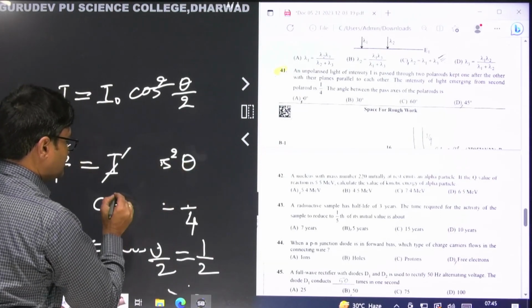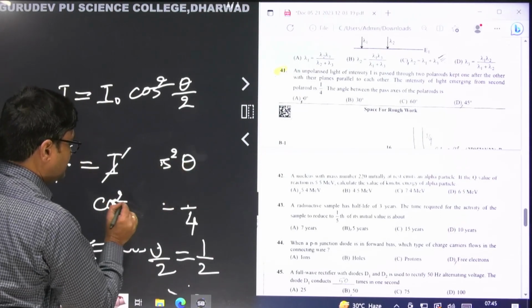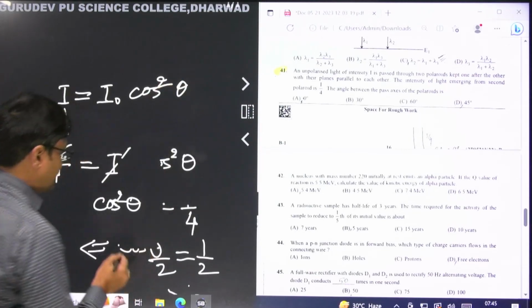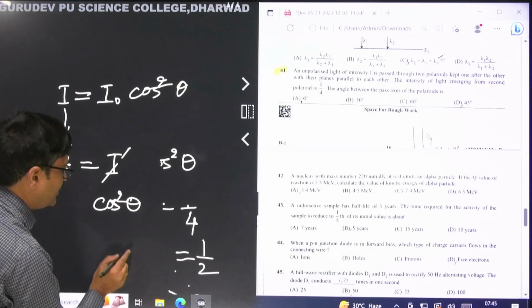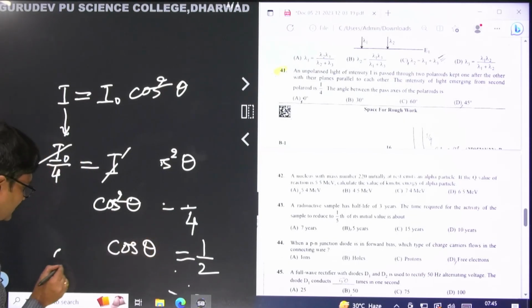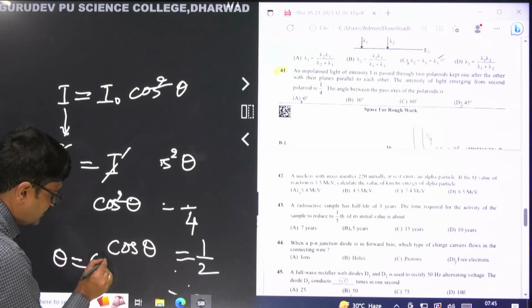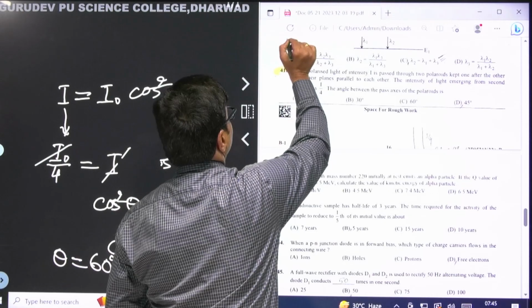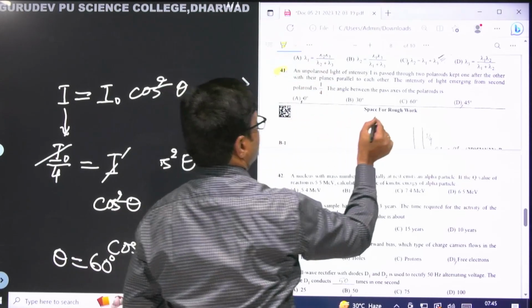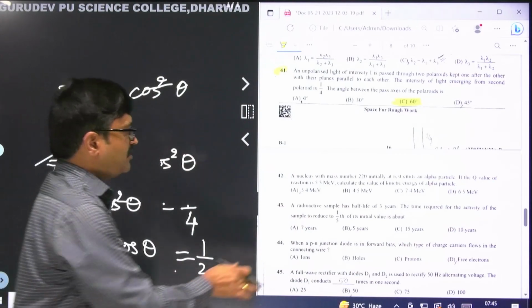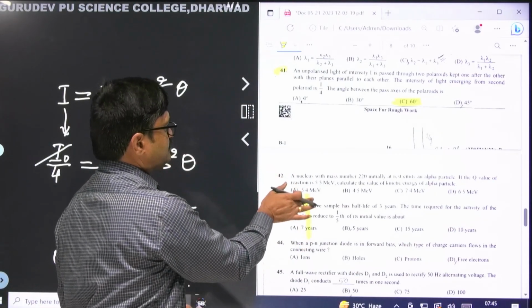So I'll just write it as cos square theta. Hence I can easily write cos theta is equal to 1 by 2, or theta is equal to 60 degree. So our answer, my dear friends, in this particular question is 60 degree. Hopefully it is clear. Now let's progress to question number 40.